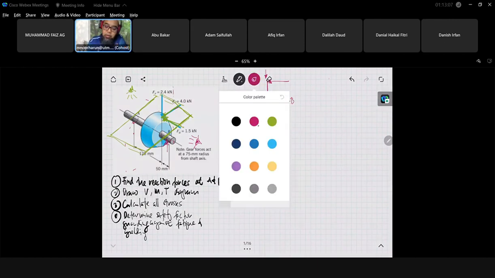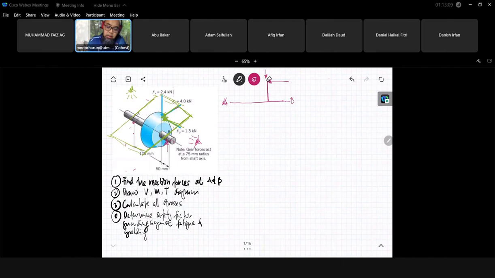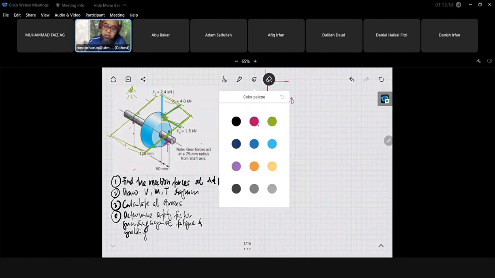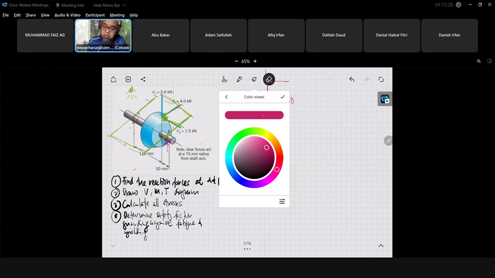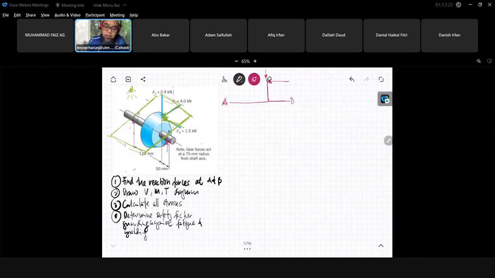For the red one, kita lihat this one different. Mudah kita lihat daripada depan. Kita lihat daripada depan.